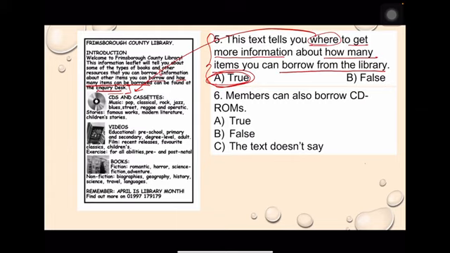Members can also borrow CD-ROMs. Okay, so what is your answer? Did they tell you any information about members? And did they mention anything about borrowing CD-ROMs? So you have to ask yourself, what is CD-ROM?